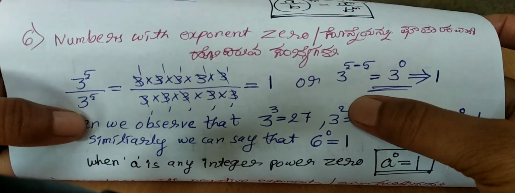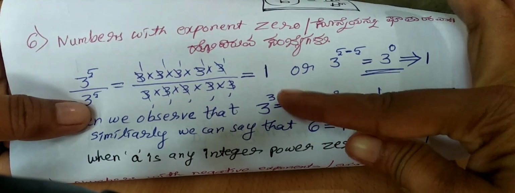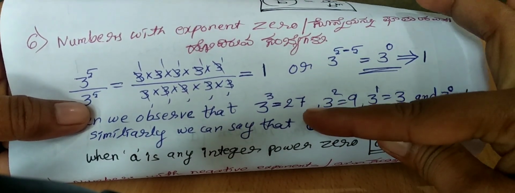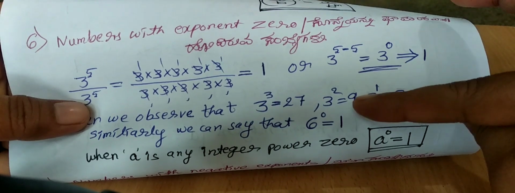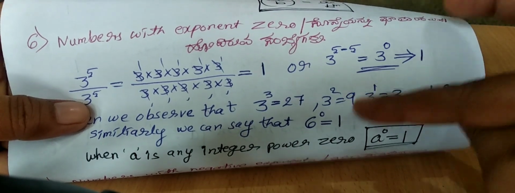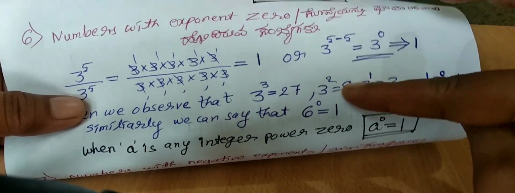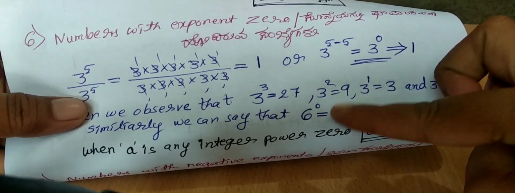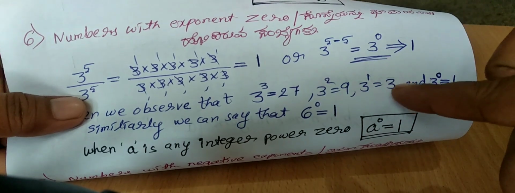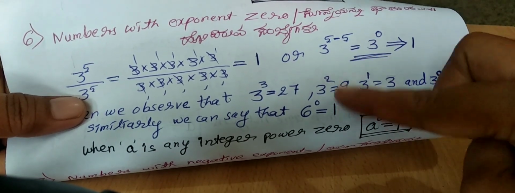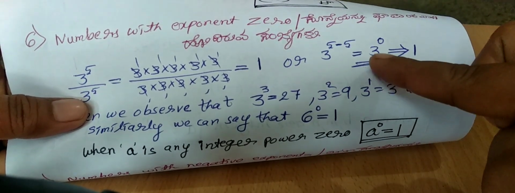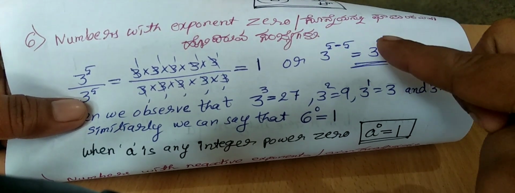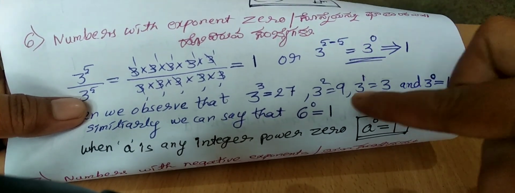Check here: 27 divided by 3 gives 3 square, that is 9. The value is reduced. Once again, if you divide 3 square by 3 to the power 1, you will get 3. Any base with exponent 1 represents the same base.